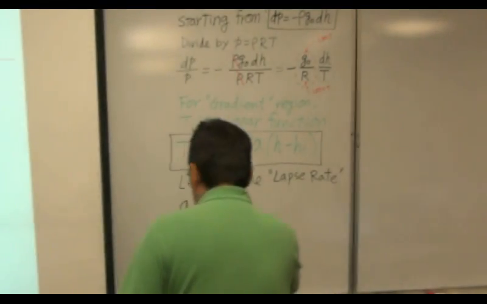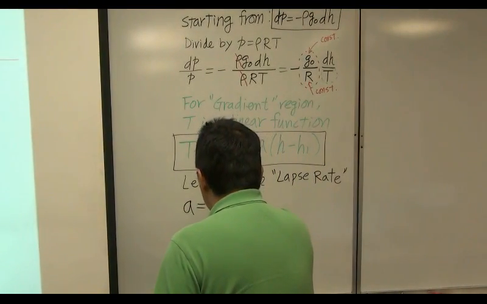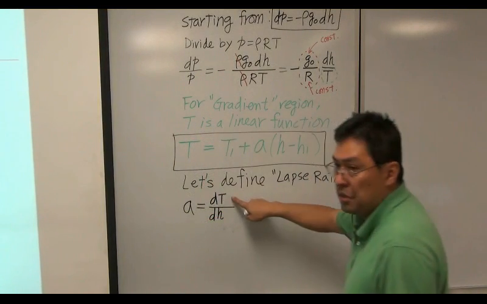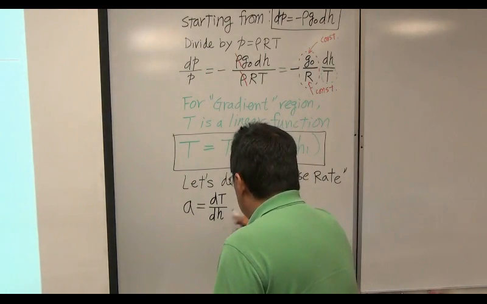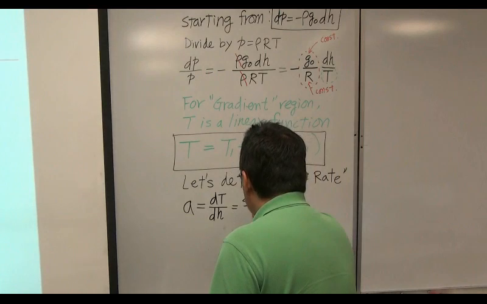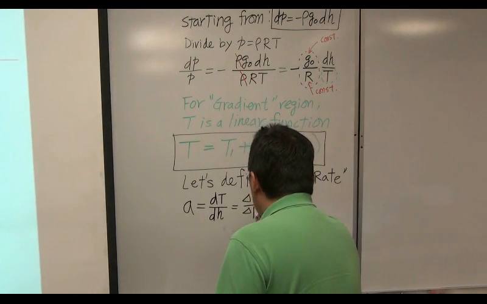This really is essentially dT dh. In other words, how much temperature change happens for a given change of altitude. If this is linear, this is essentially change of temperature over change of altitude, right?